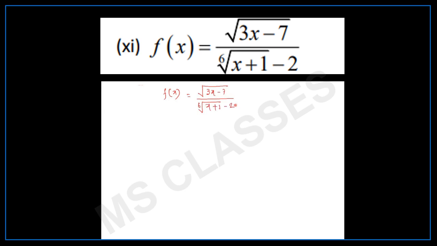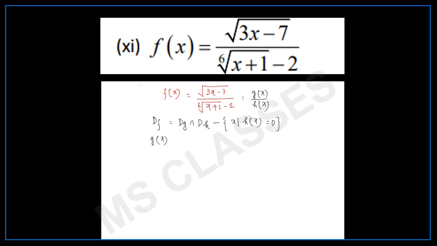That is, we can think of the numerator as g(x) and the denominator as h(x). So the domain of f is the domain of g intersection the domain of h, minus those values of x for which h(x) is 0. These are basic definitions.